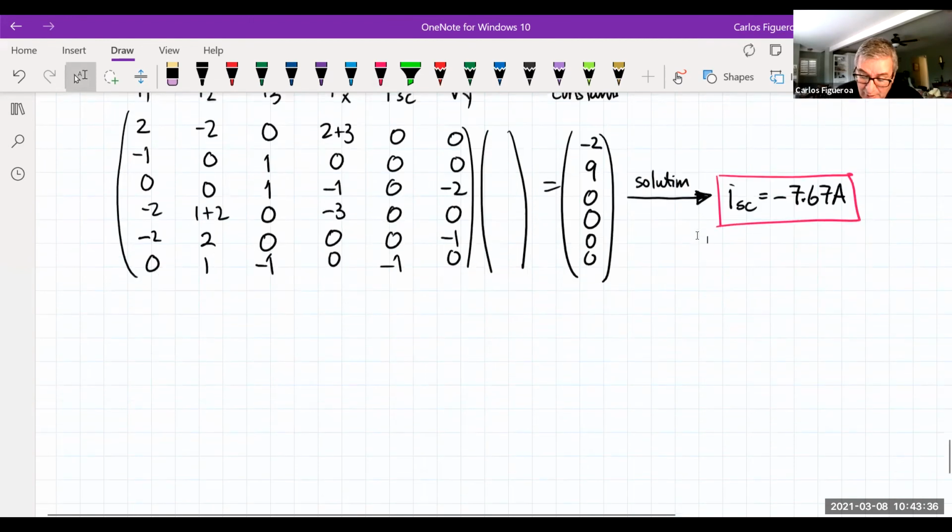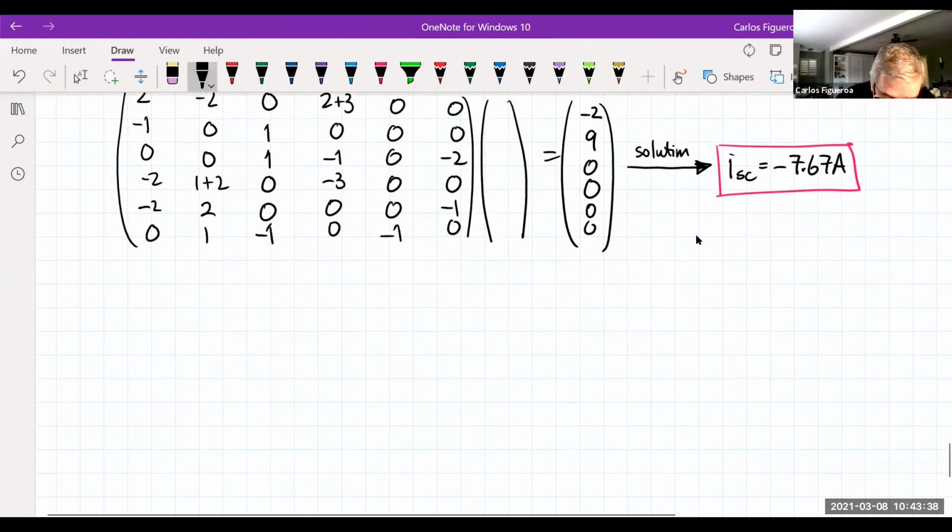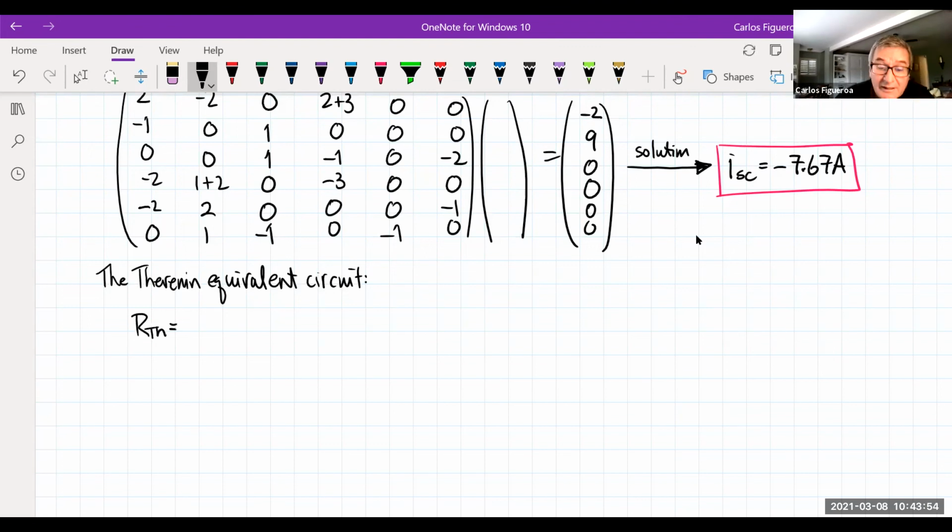So then this tells me here that I have the Thevenin equivalent circuit now. In other words, I know that RTH has to be VOC over I short circuit. This is minus 79.3 volts. This is minus 7.67 amps.